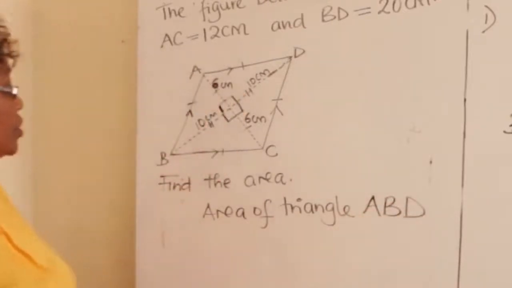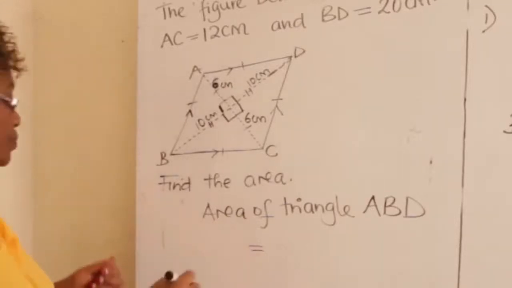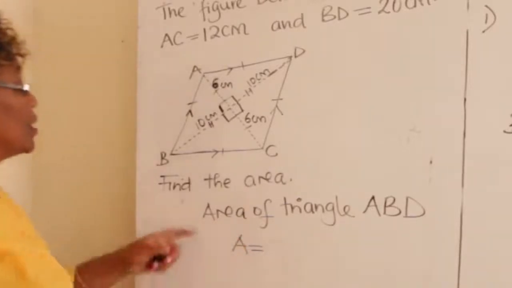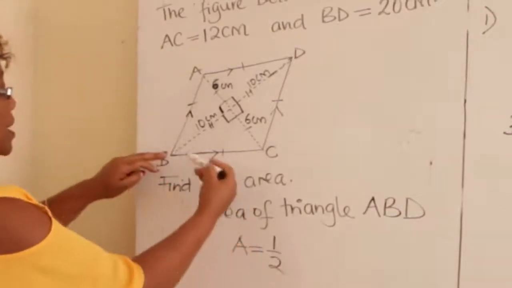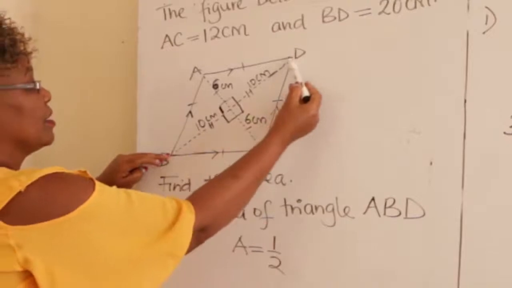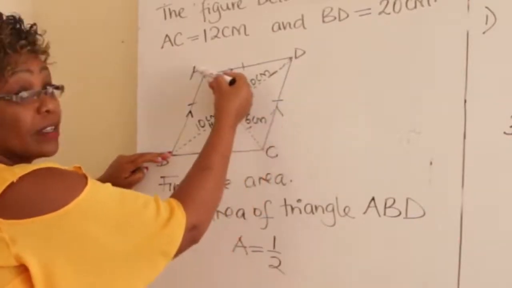Area of a triangle ABD is equal to what? A half times its base. This is the base, which is 20, and the height is 6.